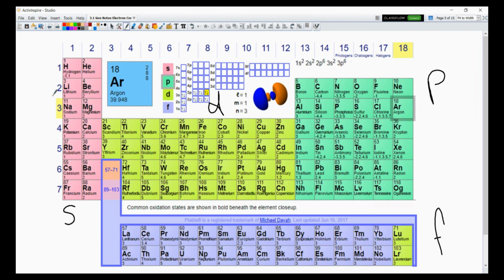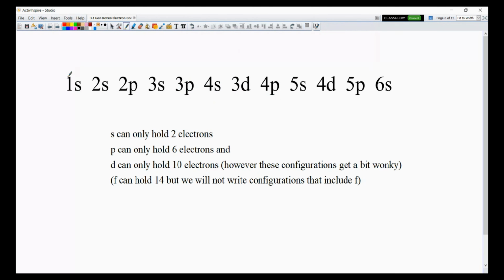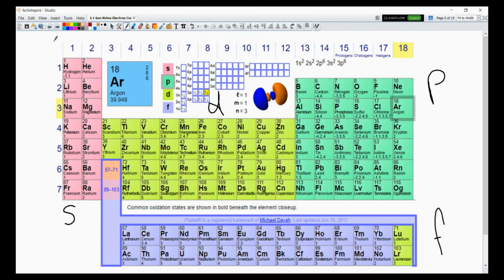Now, the way we fill these is we start just like you read a book. So if you're right here, the first energy level, you read a book from top to bottom, left to right. Right? So we're going to start in the upper left of this periodic table. So right here is the energy level 1, and that's where we have this 1 designation.